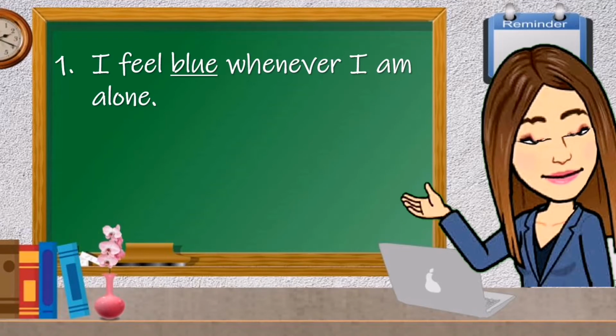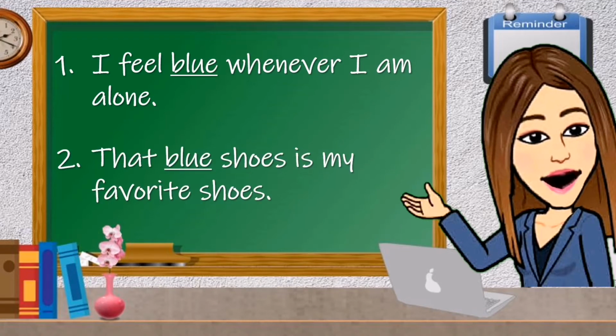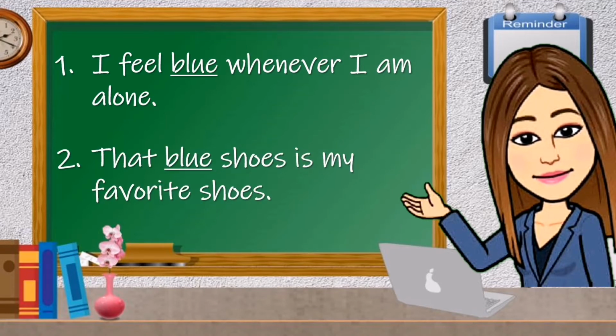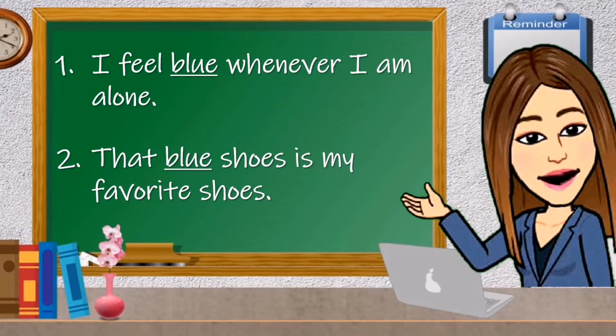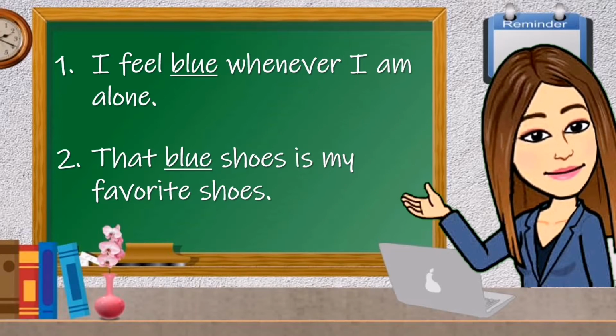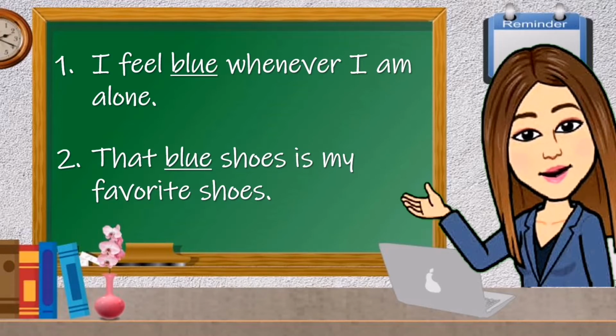Let's look at this example. I feel blue whenever I am alone. That blue shoes is my favorite shoes. Observe the underlined word. Blue is used in different sentences, but they have different meaning.